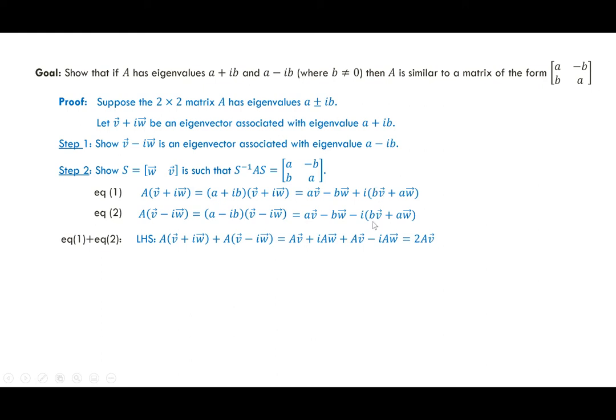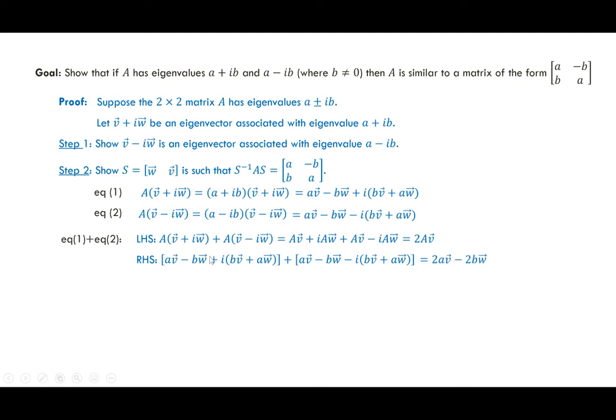And what's going on if we add the right-hand sides? Well, remember, the only difference here is that instead of a plus i, we've got a minus i. And so when we take these two right-hand sides and add them together, these guys are going to cancel. These are going to add together.